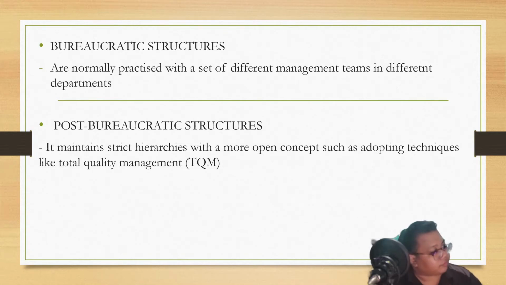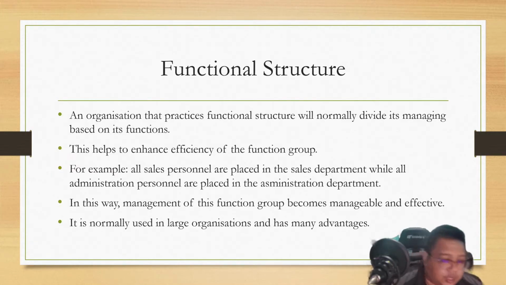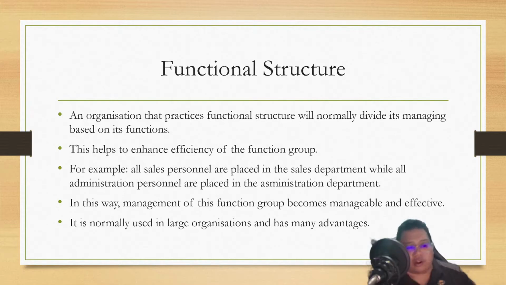Okay. Then we have the second structure, which is the functional structure. An organization that practices functional structure will normally divide its management based on its function. This helps to enhance the efficiency of the function group. For example, all sales personnel are placed in the sales department while all administration personnel are placed in the administration department.